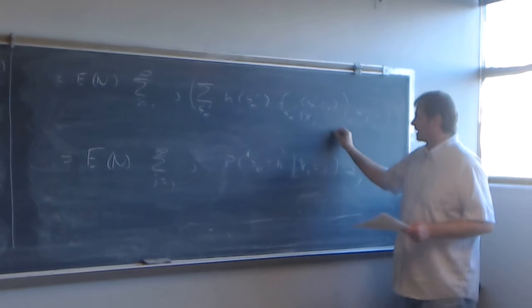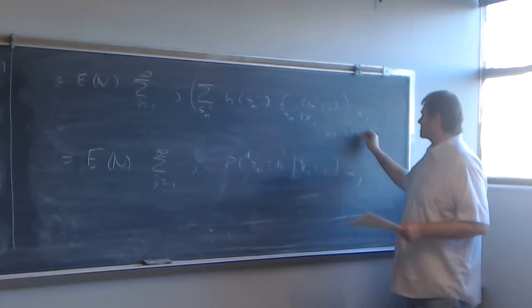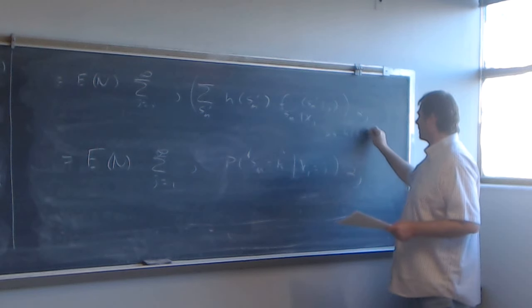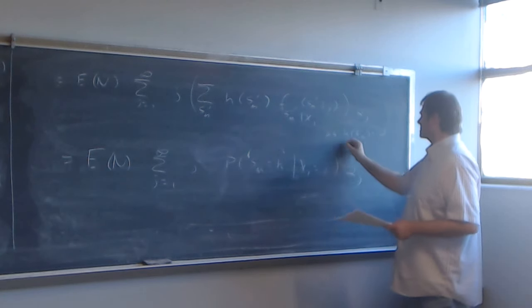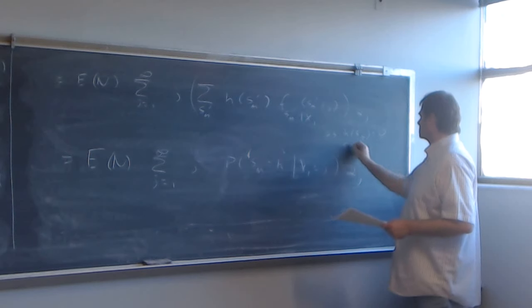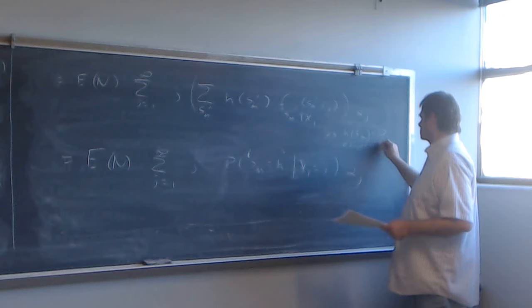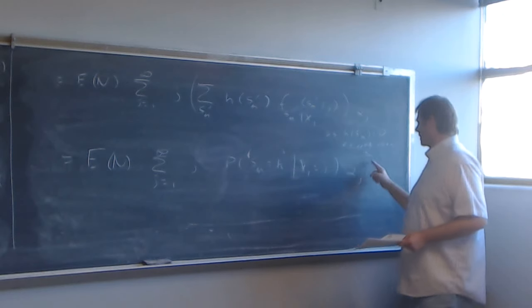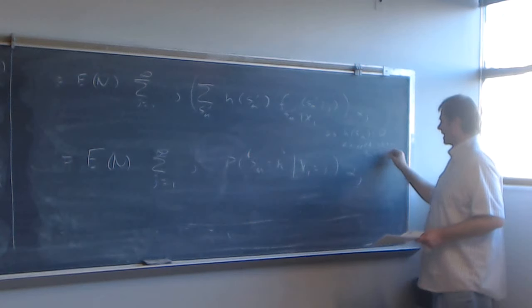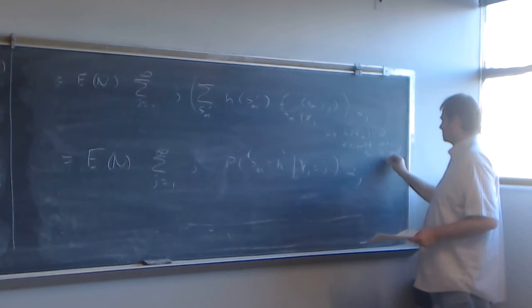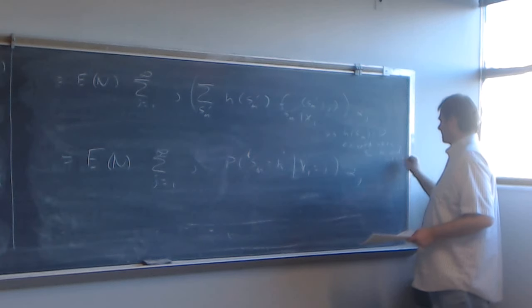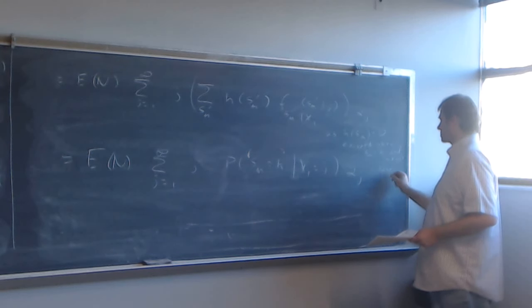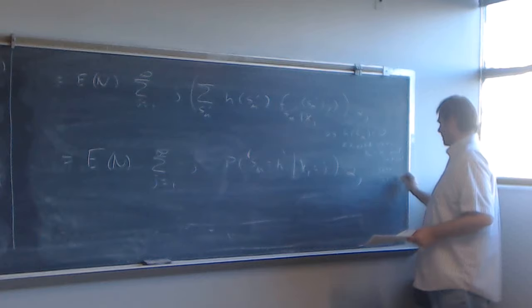And the reason was that h of s of m prime equals 0, except when s of m prime is equal to k, and in that case h of s of m prime equals 1.